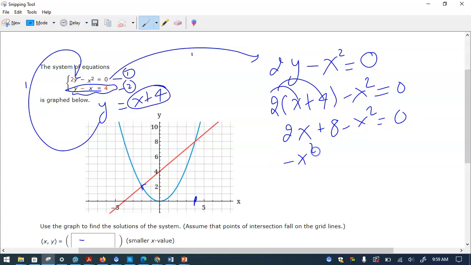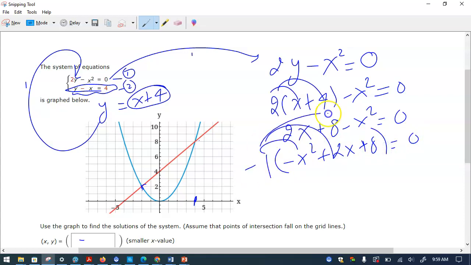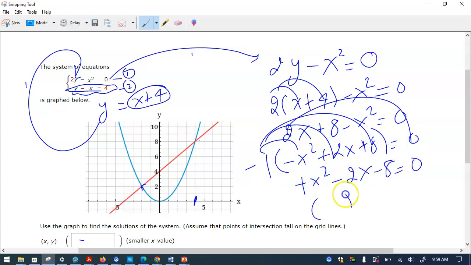And I can write it in the standard form, and then multiply by minus 1. And then you factorize this. And so 8 can be written as 1 and 8. 8 also can be written as 2 and 4. So this is the better option because it's minus 8.